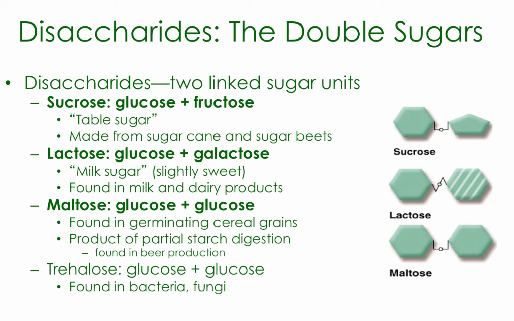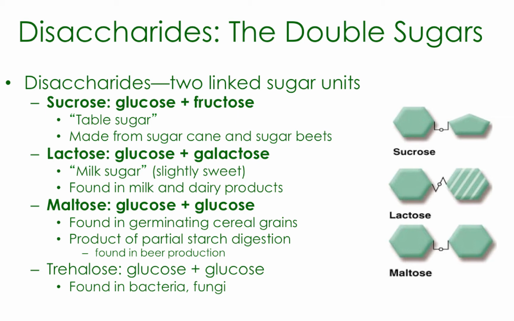Produced and secreted by enterocytes, we find our disaccharidases to digest these 2 sugar molecules. And these are specific to the different sugars, because we have sucrase for sucrose, lactase for lactose, maltase for maltose, and we even have trehalase for trehalose.